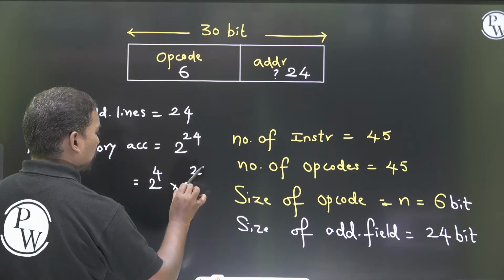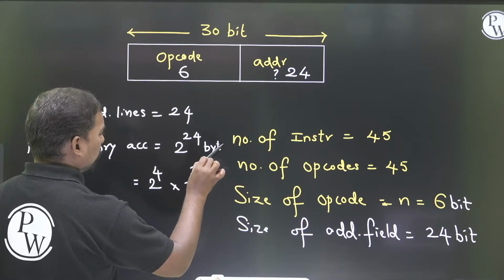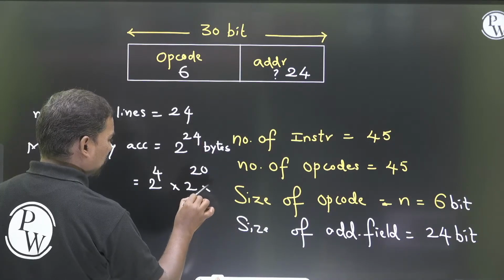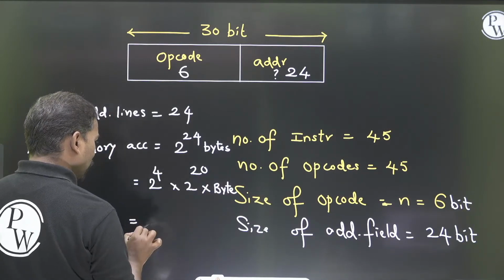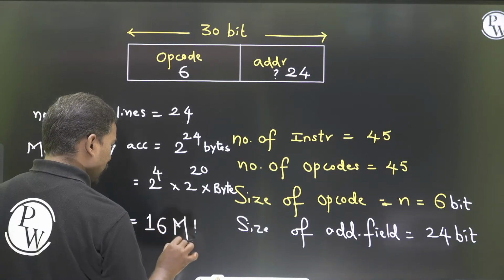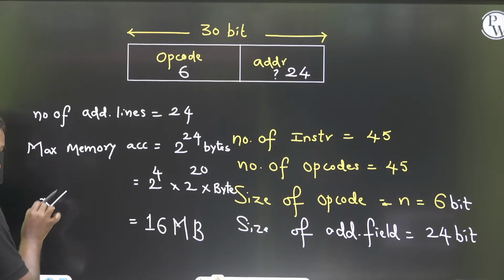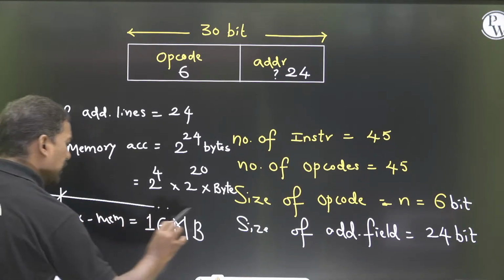Each memory location can store a byte, one memory location means 1 byte. So 2 power 4 means 16, and 2 power 20 means MB. So 16 MB is the maximum memory accessible.